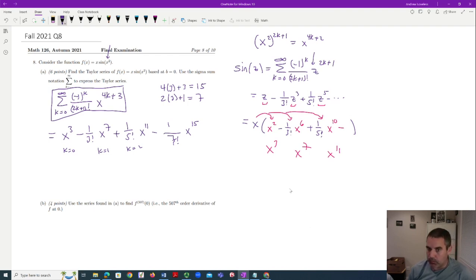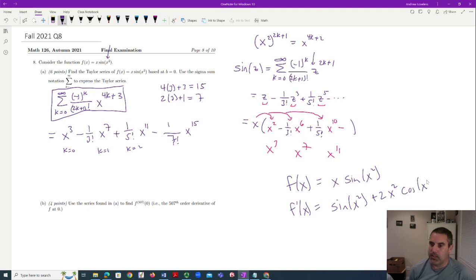But let me review. So once again, the other way we could do this is to take lots and lots and lots of derivatives. Now this would require the product rule. This is absolutely terrible, but I'm going to do it a little bit just so you can see. So I just did the product rule, and now I'm going to keep going into the second derivative.